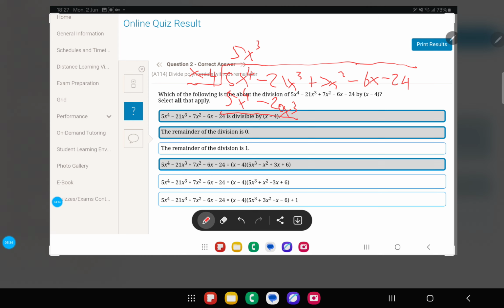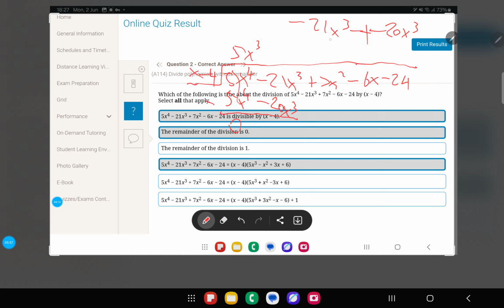cubed. Now 5x to the power 4 minus 5x to the power 4 cancel out, we get 0. And now negative 21x cubed minus negative 20x cubed: minus negative 20x cubed becomes plus.